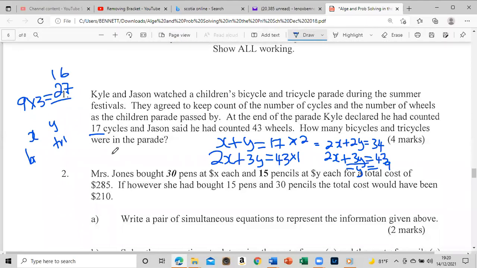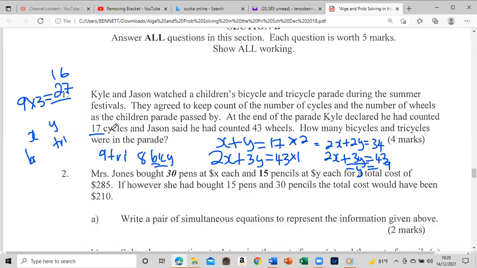All right, so 9 tricycles and 8 bicycles.